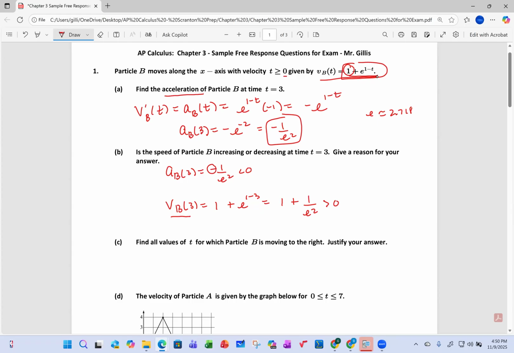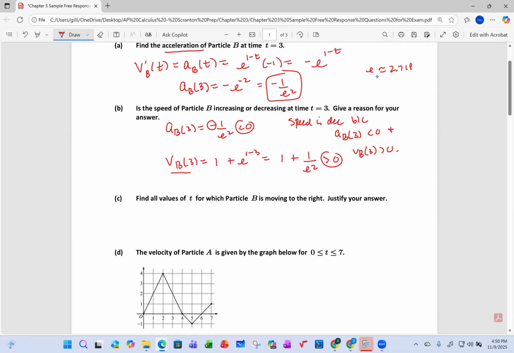So since the acceleration at time t equals 3 is negative and the velocity at time t equals 3 is positive, we would say that the speed of particle B is decreasing. So speed is decreasing or slowing down because the acceleration of particle B at 3 is less than 0, and the velocity of particle B at 3 is greater than 0.